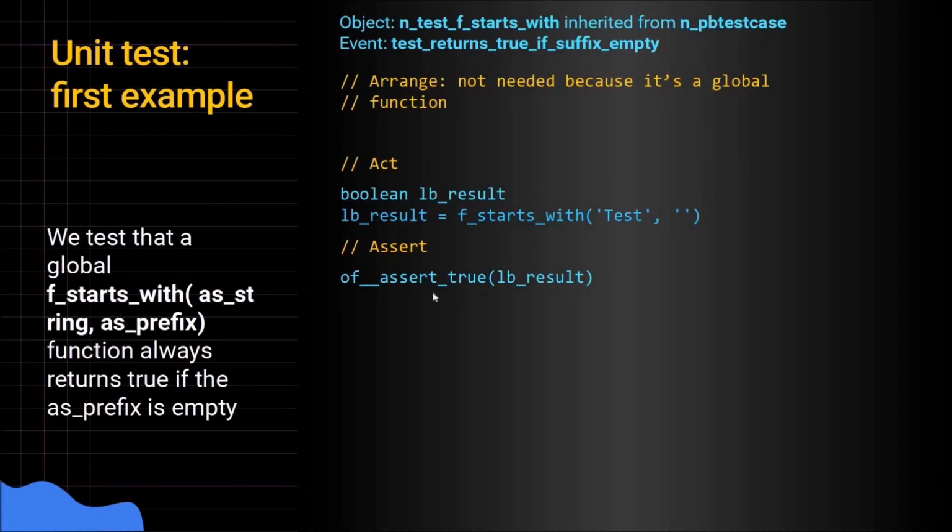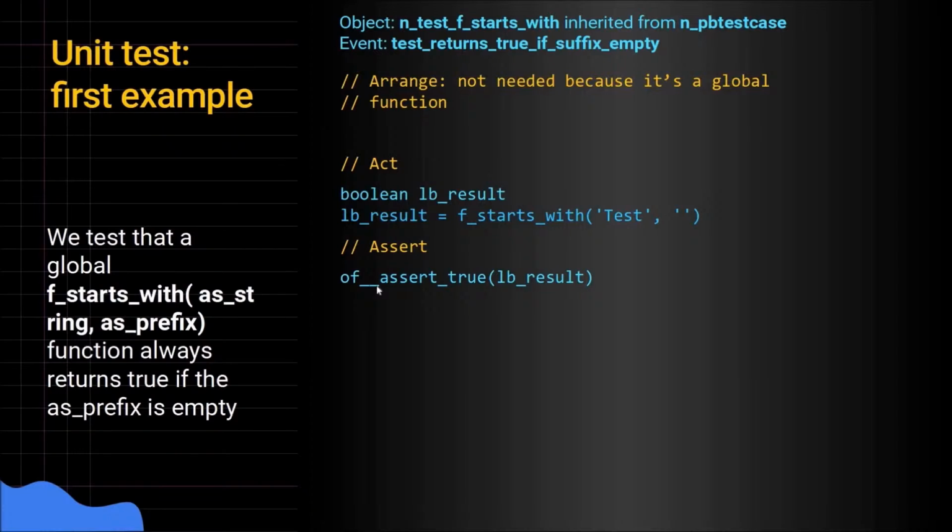And then we assert, we test, we check that the result of this is true by calling of double underscore assert true. Double underscore is a convention that I use for protected functions. So I use of double underscore for protected functions and of single underscore for public ones.